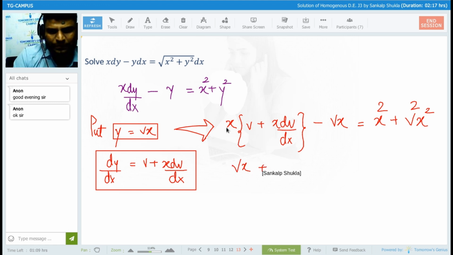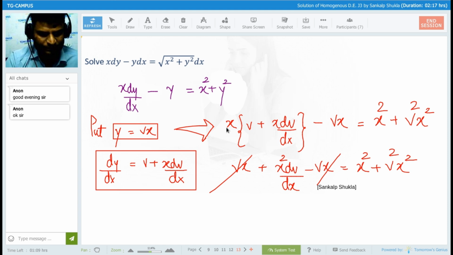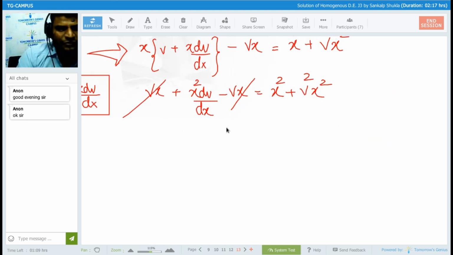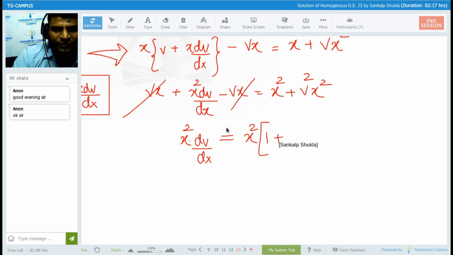This is vx plus x square dv by dx minus vx is equal to x square plus v square x square. So vx and vx will be cancelled. So this can be written as x square into dv by dx is equal to, we can take x square as common, so this will become 1 plus v square.